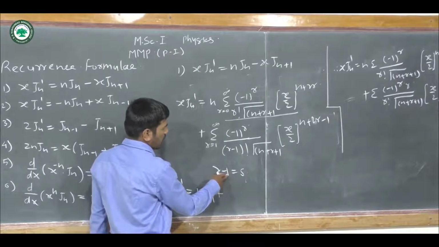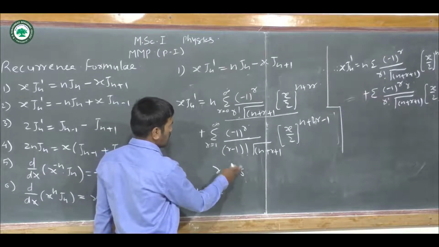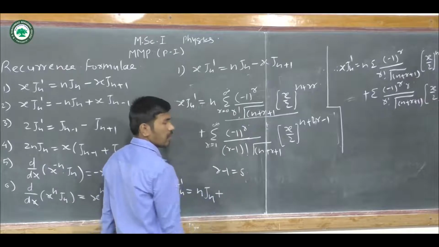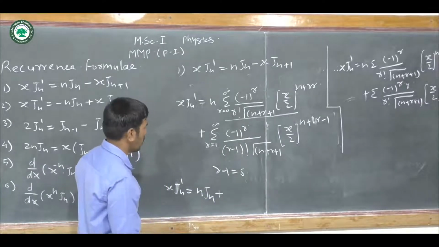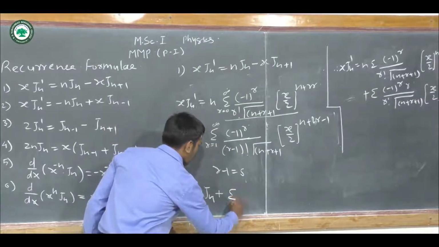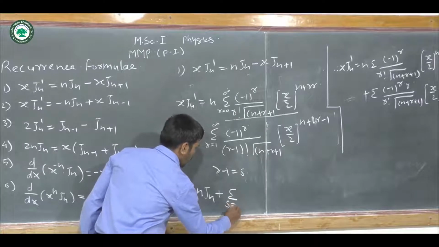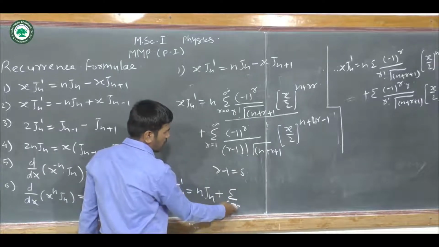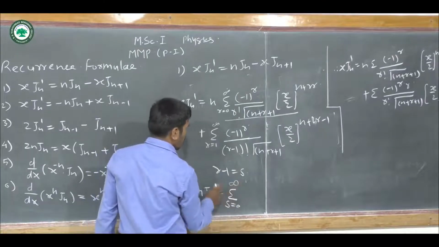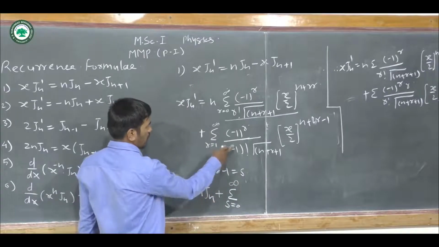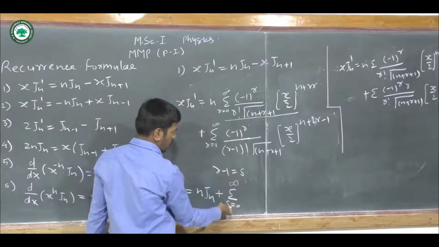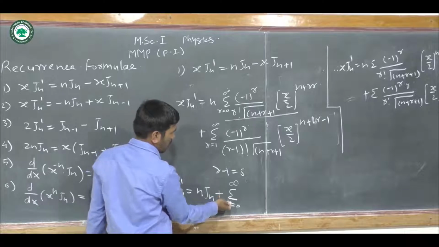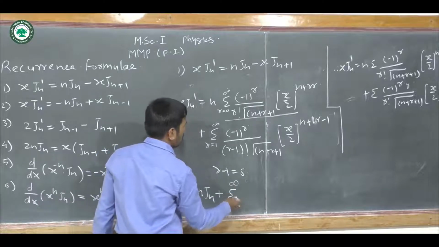Now if I put r minus 1 is equal to s, then r is equal to s plus 1. So the summation is over s is equal to 0 to infinity, because we changed r in terms of s.